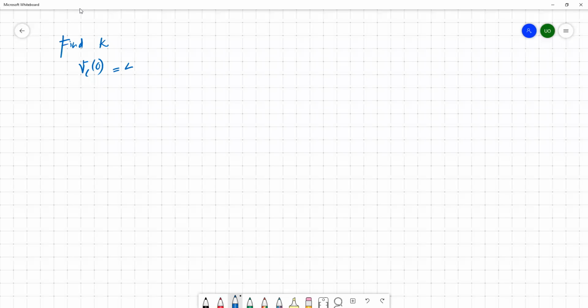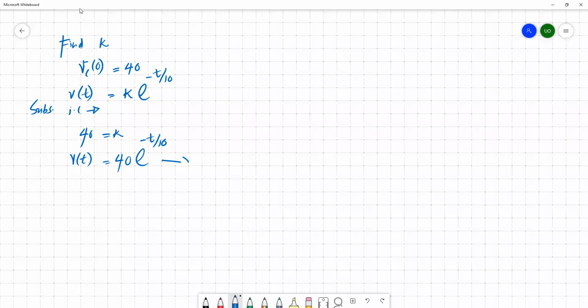So we found that the voltage drop across the capacitor looks like this. Substitute the initial conditions, and it becomes 40 equals K. So the natural response, the voltage V(t), equals 40 e to the power minus t over 10.